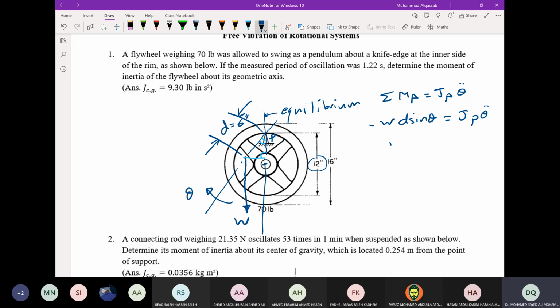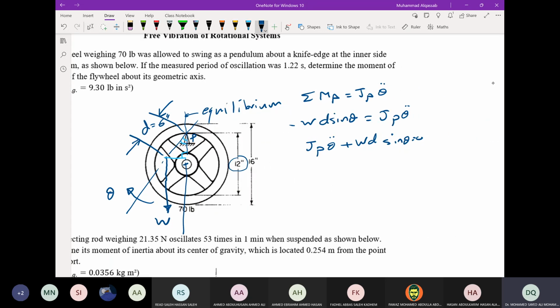Moving everything to one side, we get J_P theta double dot plus W times D sine theta equal to 0. This is the nonlinear equation. For theta very much less than 1, we can use sine theta as theta.